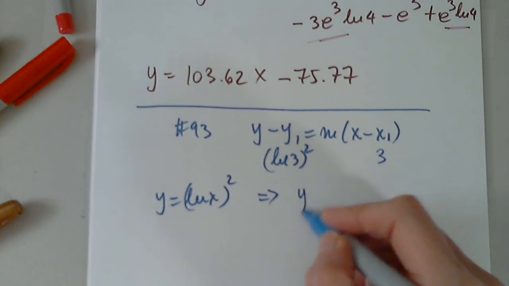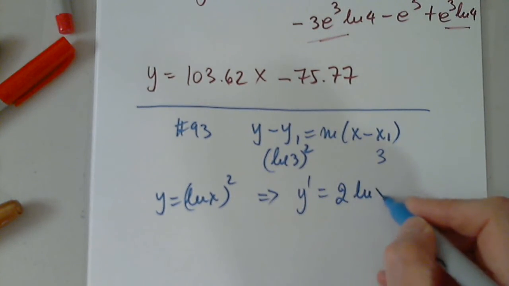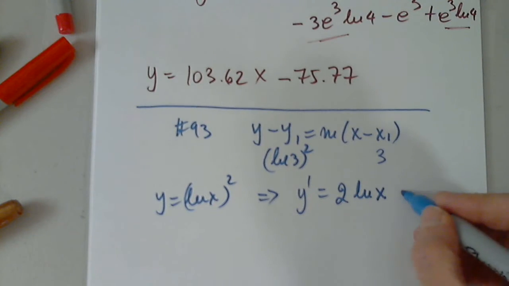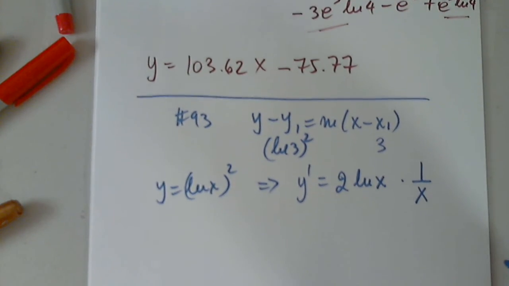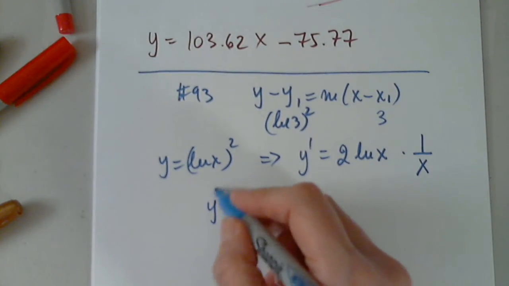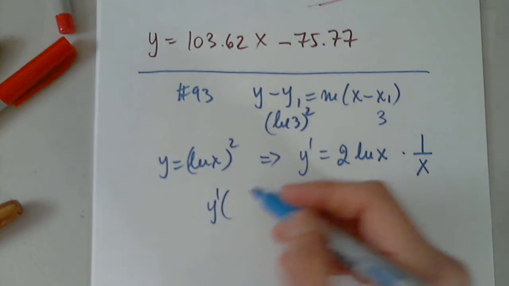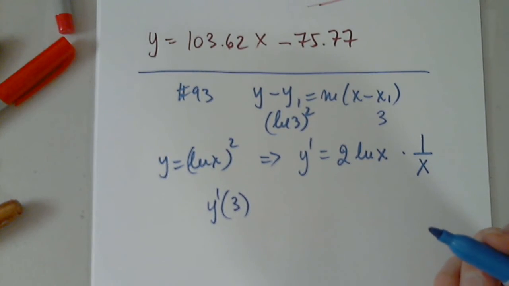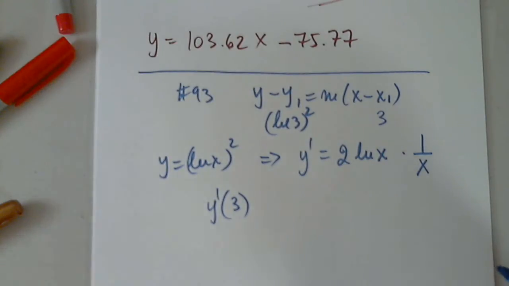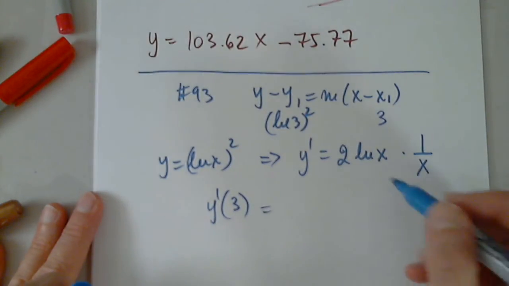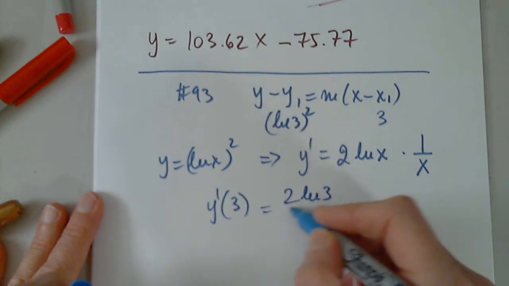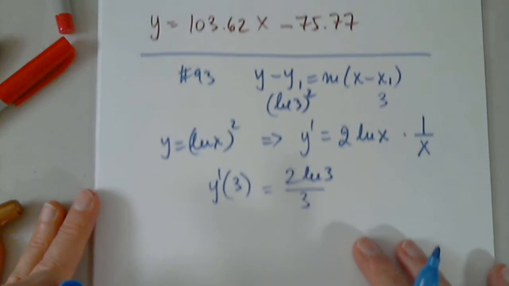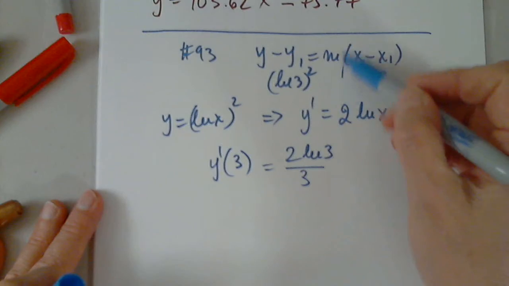So from here, y prime is 2 natural log x, subtract 1 from the power, times the inner function prime. Now y prime at 3, because the point was 3, will be 2 natural log 3 divided by 3. And this is this number.